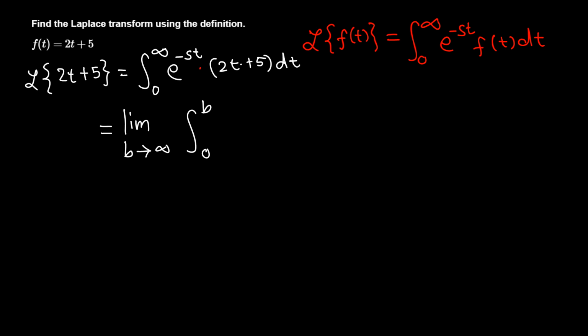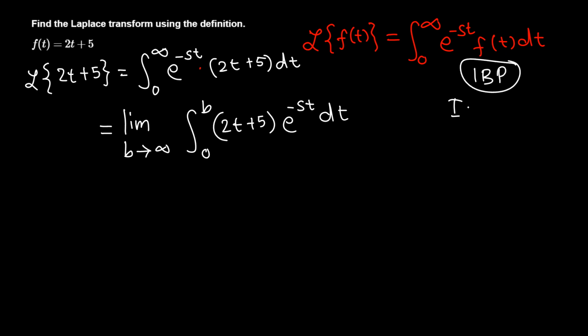When we have an algebraic function, that will be used first. So let me write 2t plus 5 times e to the negative st dt. When we do integration by parts, we follow the ILATE rule: inverse functions, logarithmic functions, algebraic functions, trig functions, exponential.